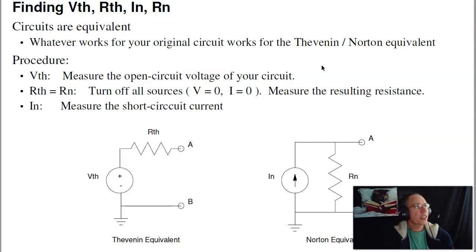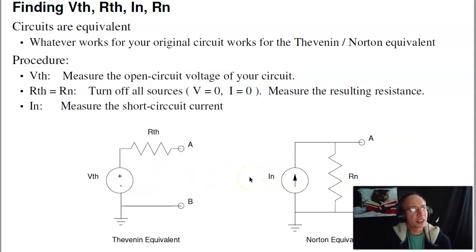So to find the parameters, V Thevenin, R Thevenin, I Norton, R Norton, there's basically 3 different tests you can run. What I like doing is refer back to these circuits. This is the equivalent to the circuit you're analyzing. What test would you run on the Thevenin equivalent to find V Thevenin and R Thevenin, or equivalently, I Norton, R Norton? Do the same test on your circuit.